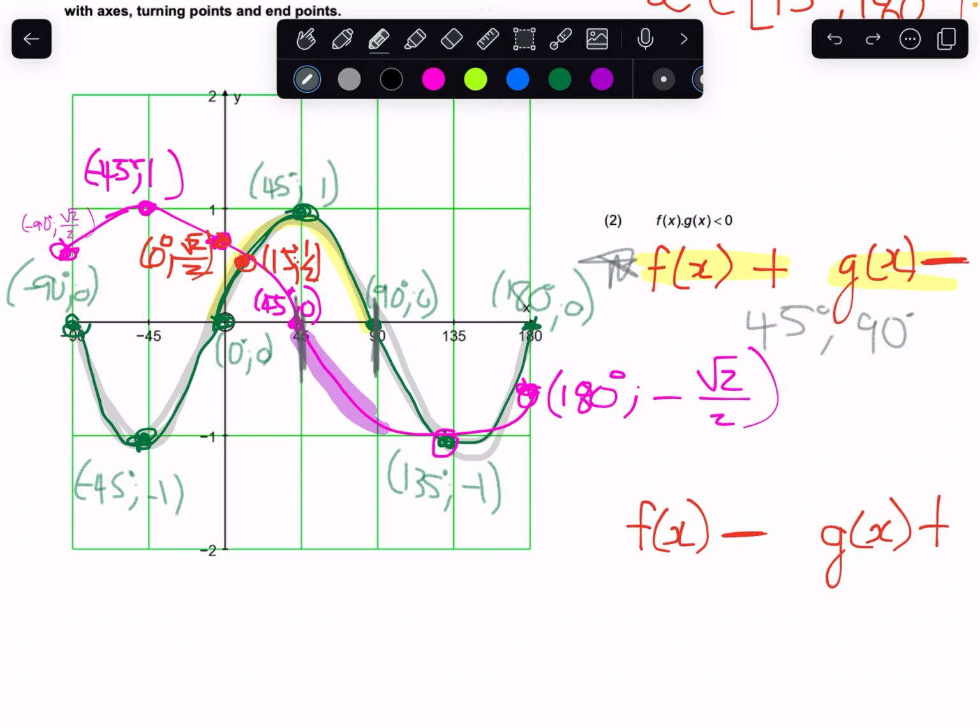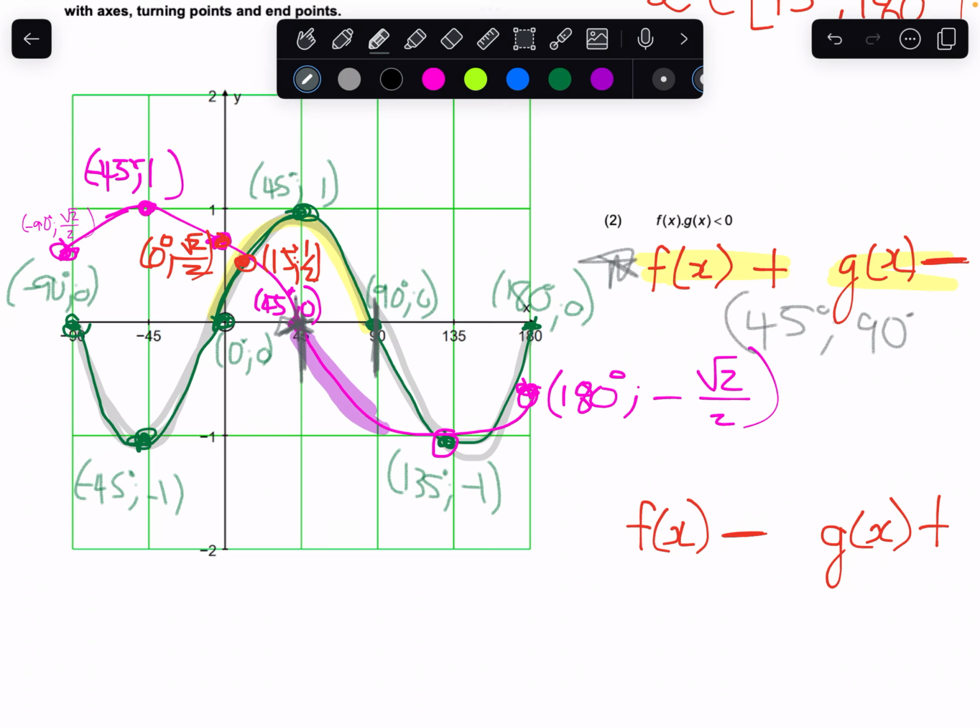At 45 degrees, that is where g has an x-intercept. In other words, the output of g is 0 at that point, meaning that when x is equal to 45, the product of the two functions' output is also 0. So 45 is not part of the solution, because the product is equal to 0, it's not less than 0. So we're going to exclude 45.